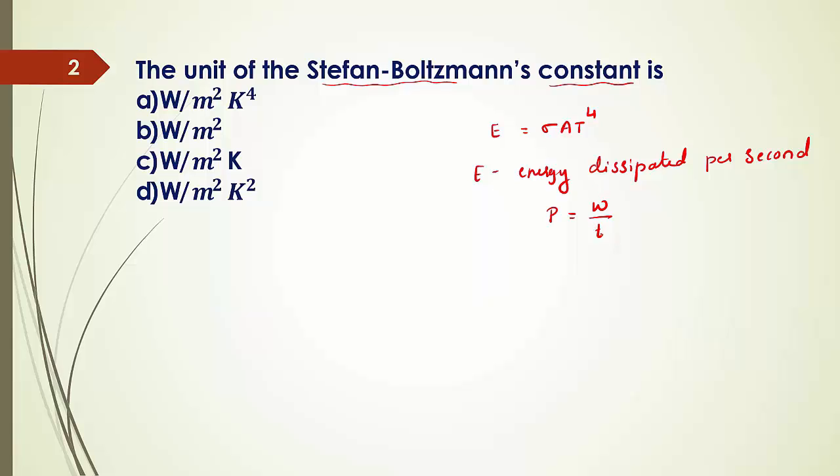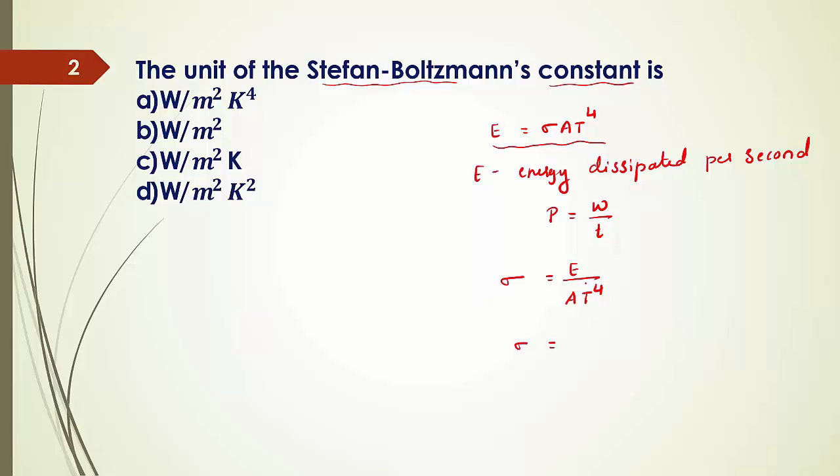Instead of E we can write power P equal to W by T. This equation can be written as sigma equal to E divided by A T raised to 4.